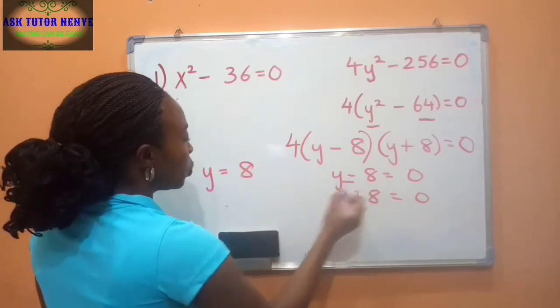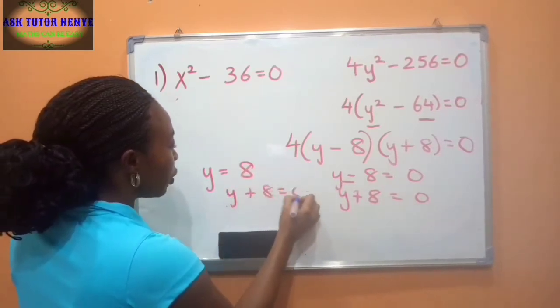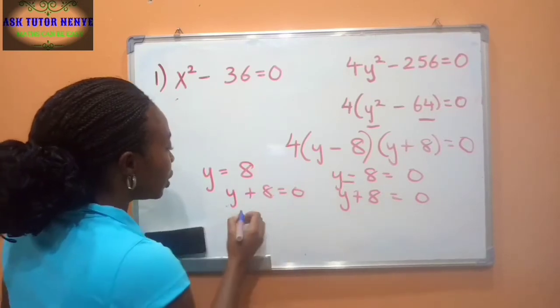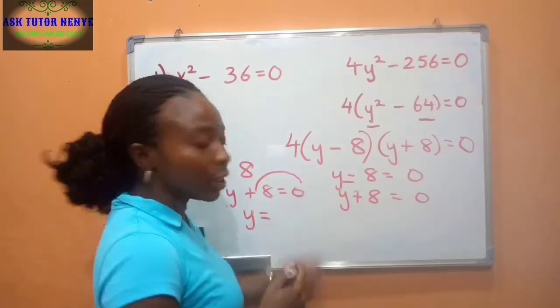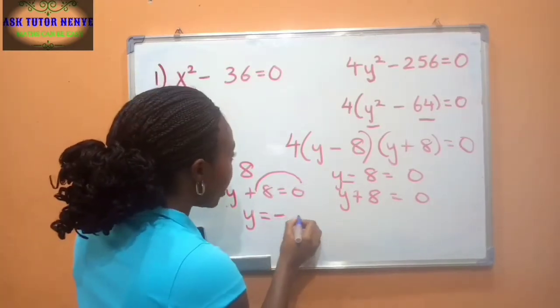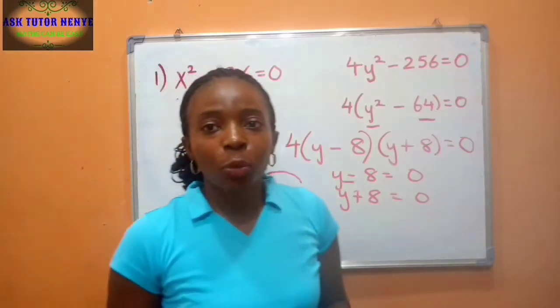That's solving for this one. And then for the second one, y plus 8 equals to 0. So what we simply do is say y is equals to, this 8 moves to the right hand side. We are going to have minus 8. Okay, so let's take a look at a more complex example.